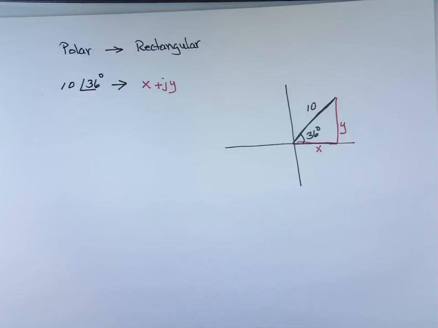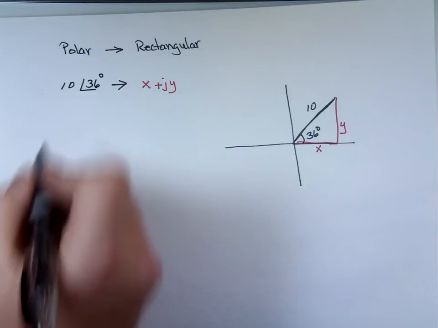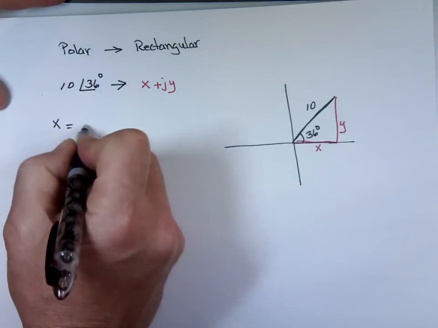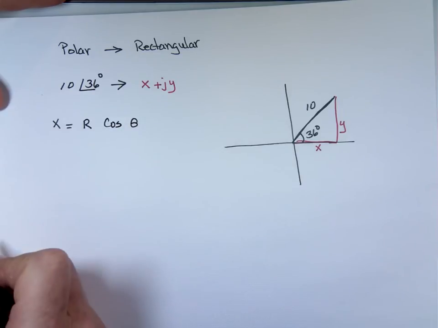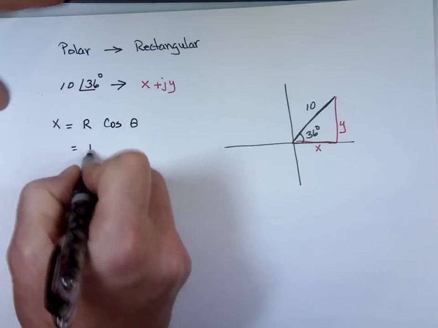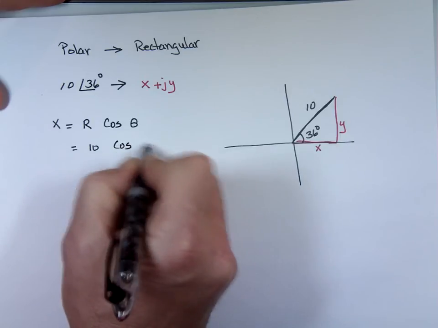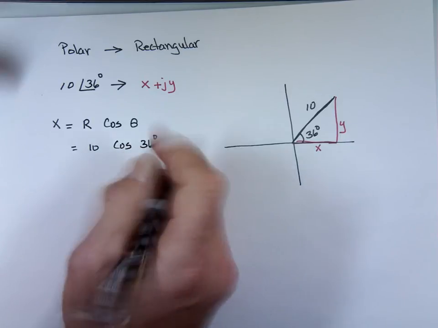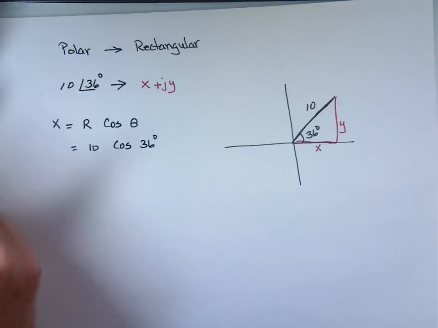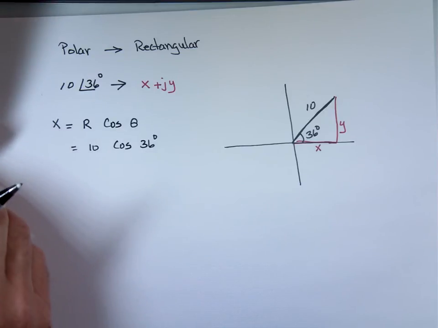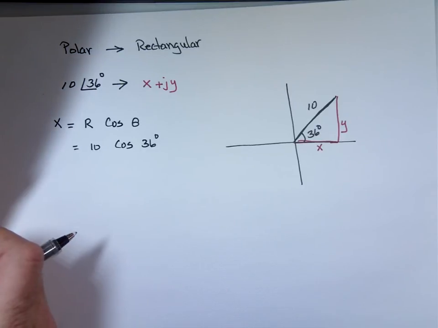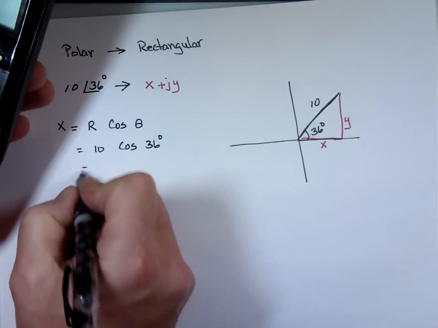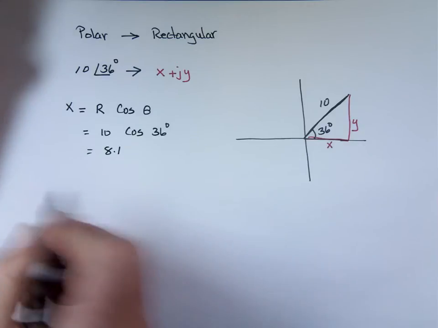Again, this is physics. To get x, you do what? R cosine theta. My R here is what? 10 cosine 36 degrees, which is 8.1, and to get y is going to be what?